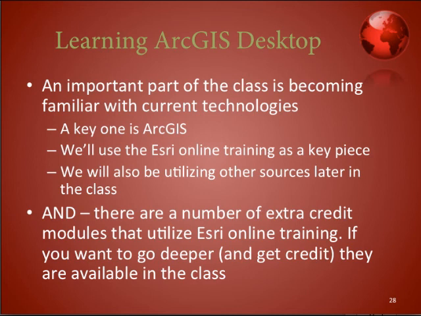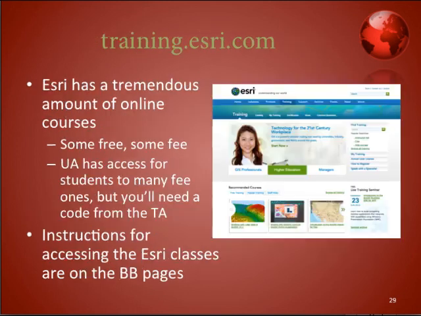We will be using the online training that's provided from ESRI for the course. ESRI has a tremendous amount of online content. Some of it's for free, some of it you need to pay a fee. As part of their university licensing program, students at the University of Arkansas have free access to a large number of the for-fee classes.